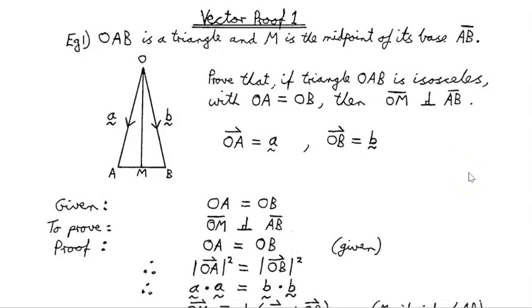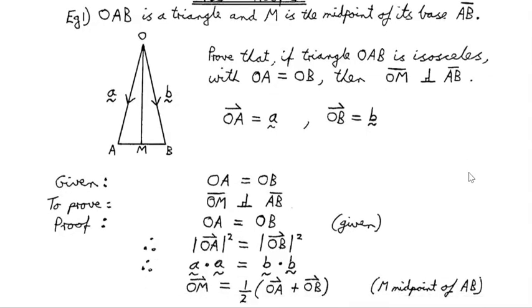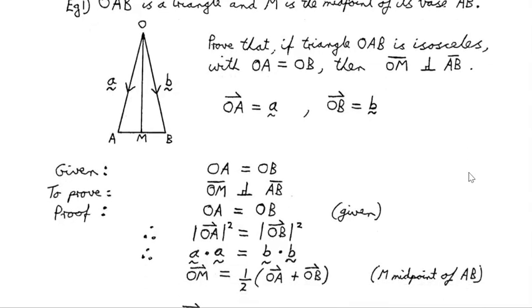To begin with, we're given that OA is equal to OB, because we're told it's isosceles. And the magnitude squared of OA is just going to be a dot a, because OA is equal to a.